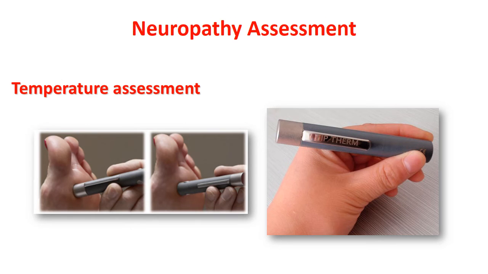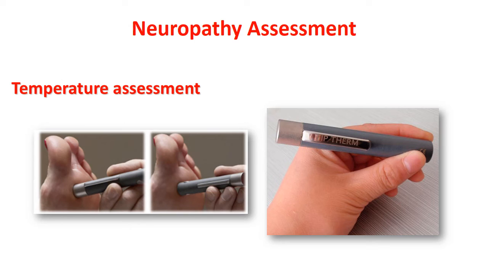Next, we examine temperature assessment. We need to tell if the patient can differentiate between warm and cold. This is important because one of the major causes of injury in diabetic patients today is being injured by warm water, as we said before. So this is one instrument, called the Tip Therm.